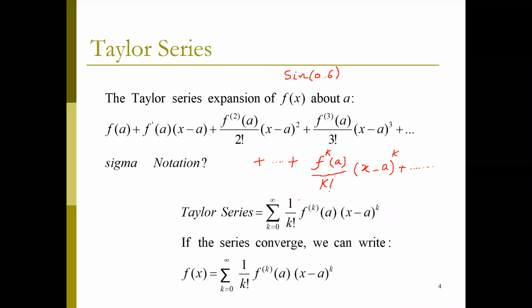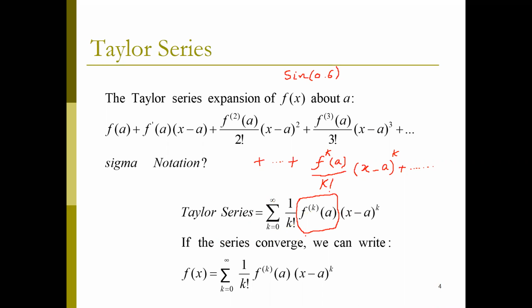So this is a separate term: the kth derivative of the function at a, multiplied by x minus a raised to the power k and 1 upon k factorial, k equal to 0 to infinity.